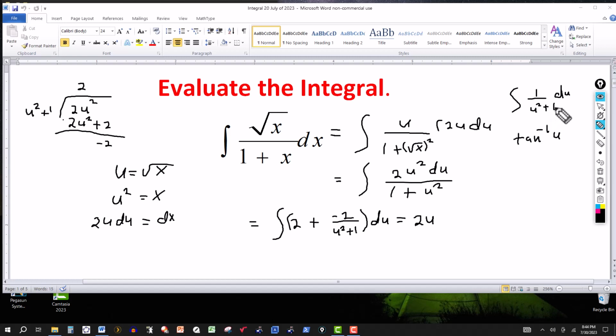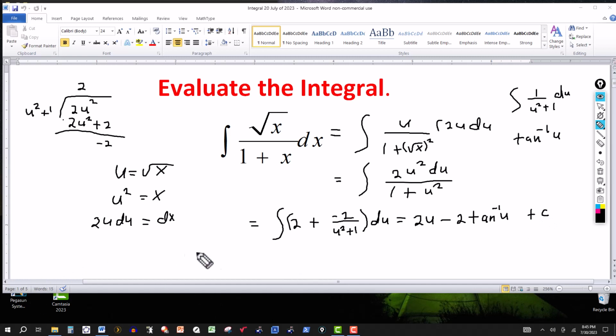Now the formula is actually 1 over u squared plus a squared, and this is u over a, and then the coefficient is 1 over a. But in this case, a squared would be 1, so it's u over 1 there. So this comes out 2u, and of course I got the negative here, so it's minus 2 tangent inverse, or I could write arctangent also, of u over 1, which is u, plus the constant of integration.